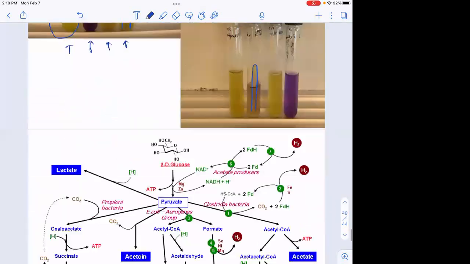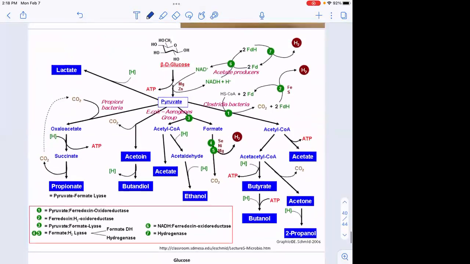There are lots and lots of other fermentation pathways. I didn't post this because it looks a little bit wild and crazy. But this is a good example that bacteria can do some really nasty stuff. They can also do some things that really help us.